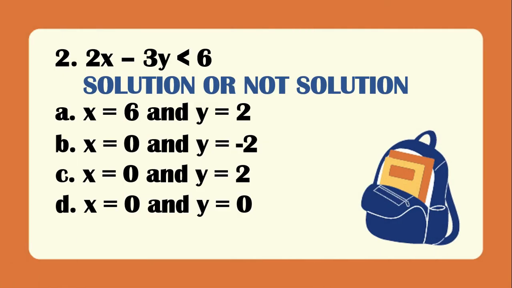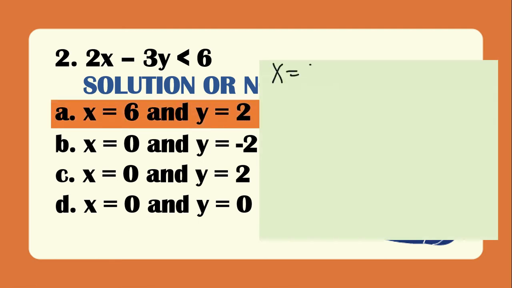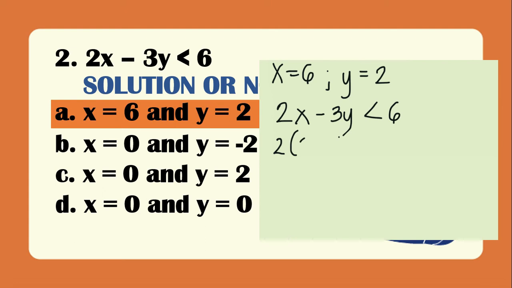Let's have the second, the linear inequality. 2x minus 3y is less than 6. Let us have the first given. X is 6 and y is 2. Using the inequality 2x minus 3y less than 6, we will substitute the value of x and y. So we will have 2 times 6 minus 3 times 2 less than 6.